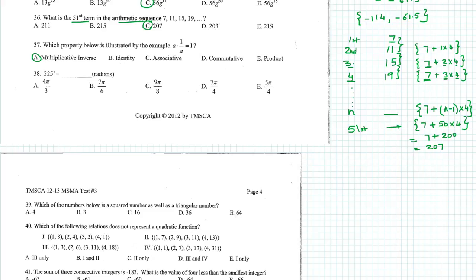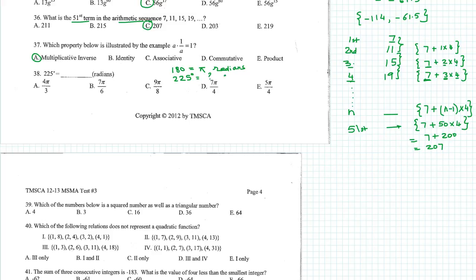Question 38. 225 degrees is equal to how many radians? So we know that 180 degrees is equal to pi radians. So the question is, 225 degrees will be equal to how many radians?